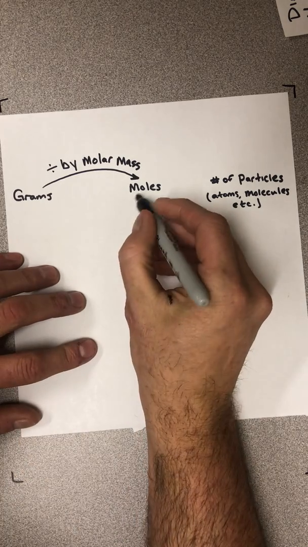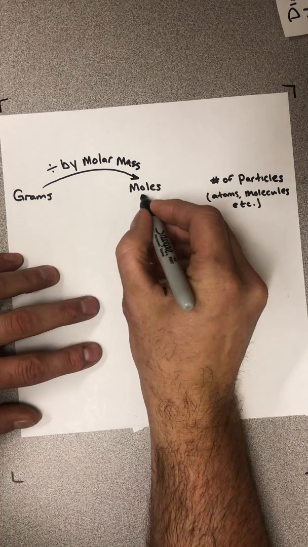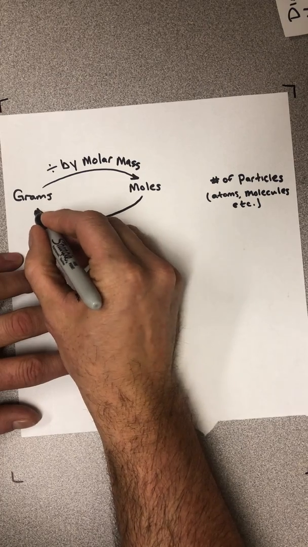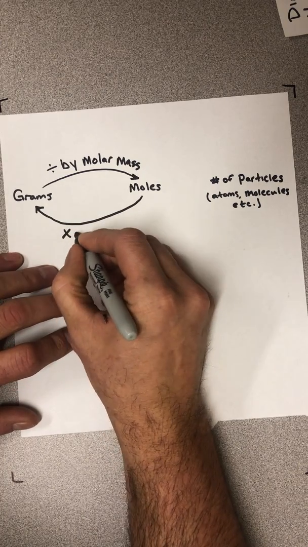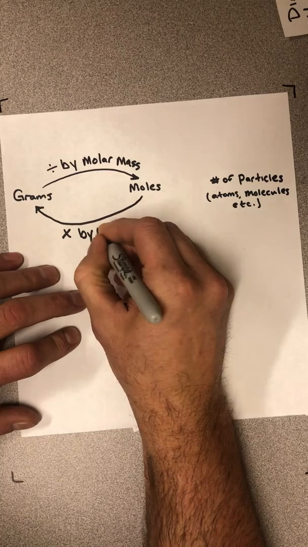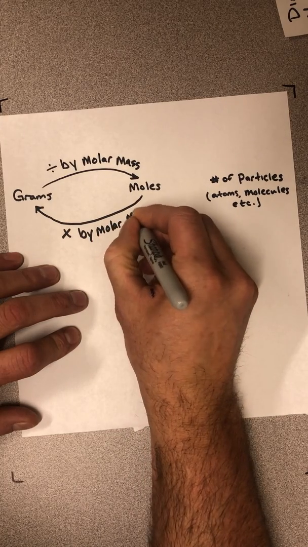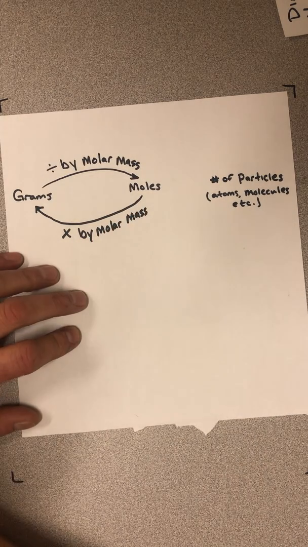Okay, and then if you want to go back, if you're starting with a number of moles and you want to go to grams, this is where you multiply by the molar mass. Okay, so that's pretty easy.